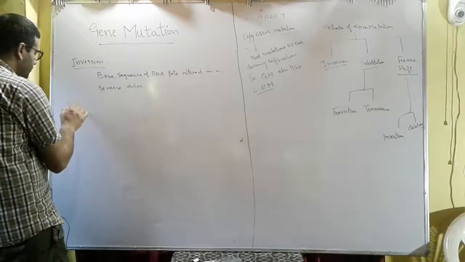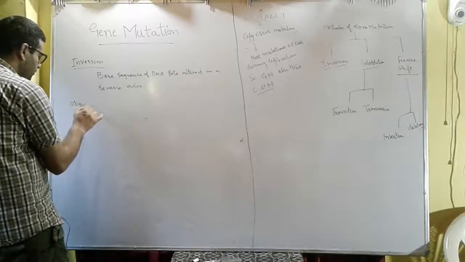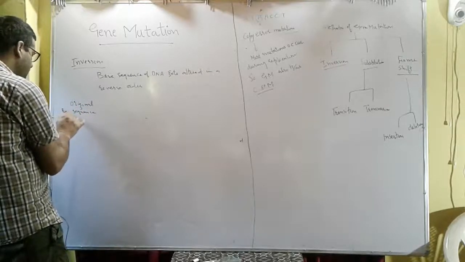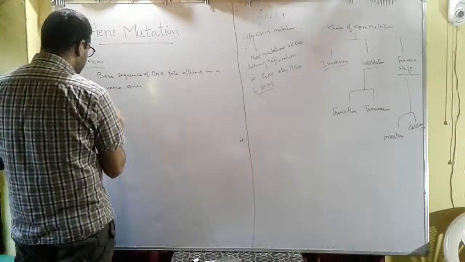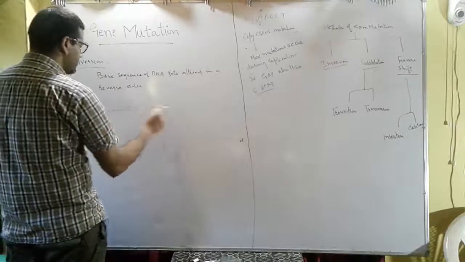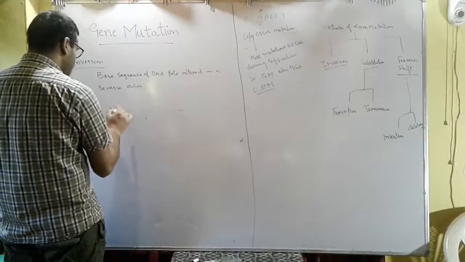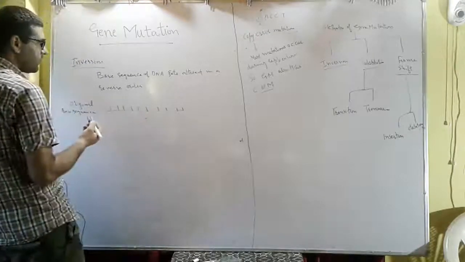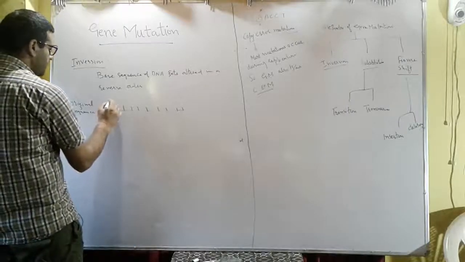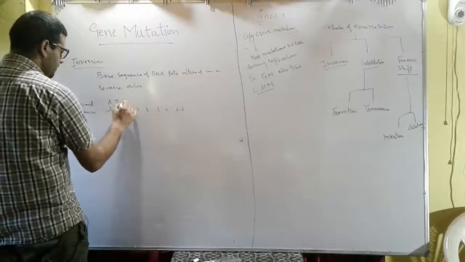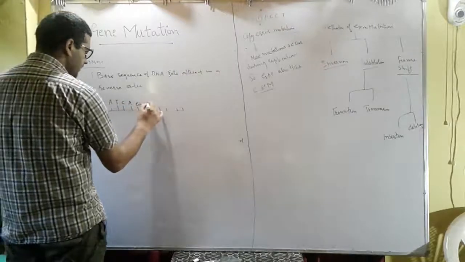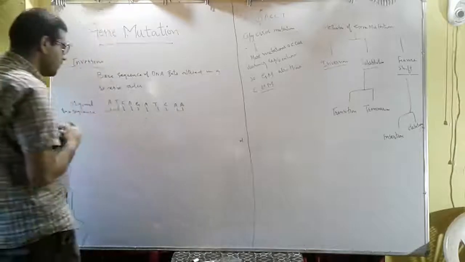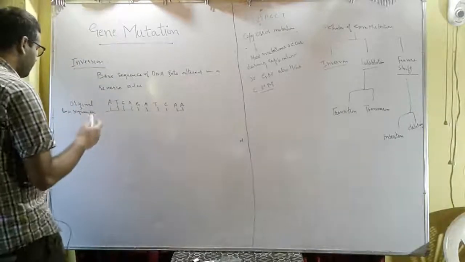That means we have the original base sequence. For example, we have A T C A G A T C A A. This is the original base sequence. Now there would be inversion.